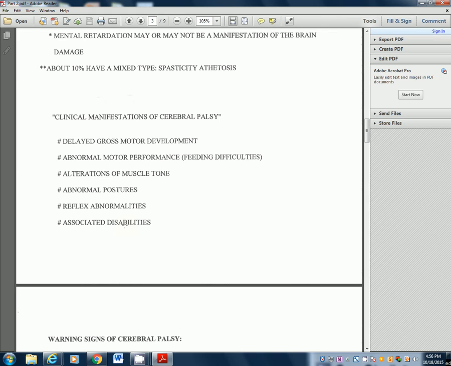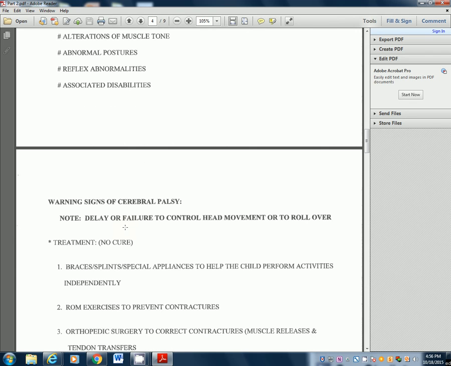And it says those are things like learning disabilities, seizures, behavioral problems, and sensory impairments. Now, the warning signs of CP, the big thing is delay or failure to control head movement and to roll over. So if you've got a kid that has that floppy head that doesn't gain that head control and has strong head lag, then that's a big one.